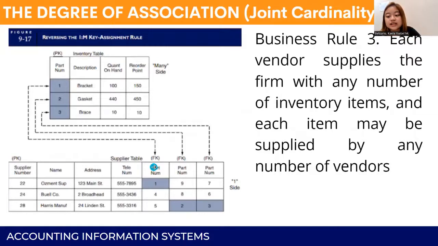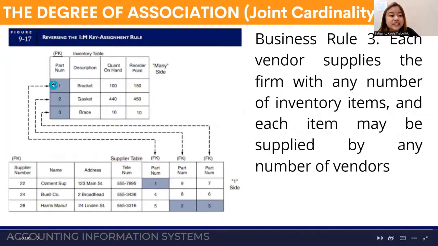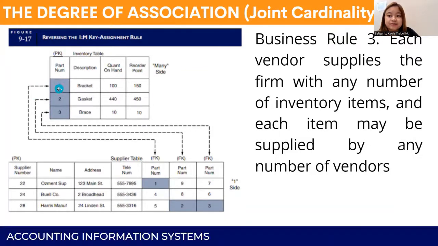So given dun sa ito yung 1:M key na ni-reverse lang to fit the M:M key association. So makikita dito yung na-present yung, as we know, the foreign key, the part number 1, 2, and 3 sa primary key ng many side. So foreign key ng one side, part number 1, 2, and 3, present siya sa primary key ng many side, part number 1, 2, and 3.